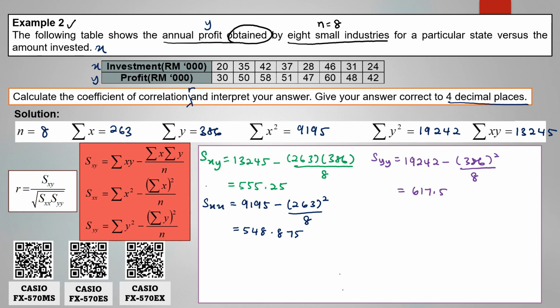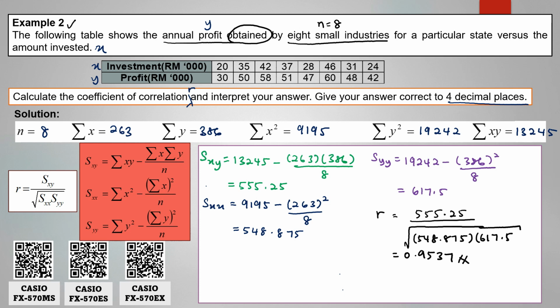And then the formula for R is equal to the value of SXY, 555.25, divided by square root of SXX, 548.875, times 617.5, is equal to 0.9537. So this will be your value of R, correct to 4 decimal places.